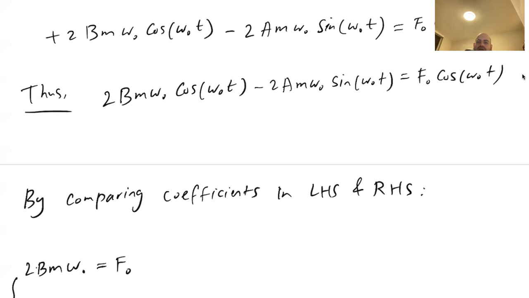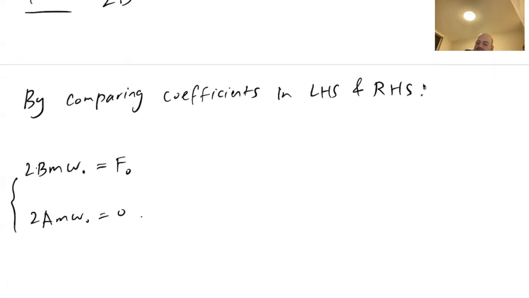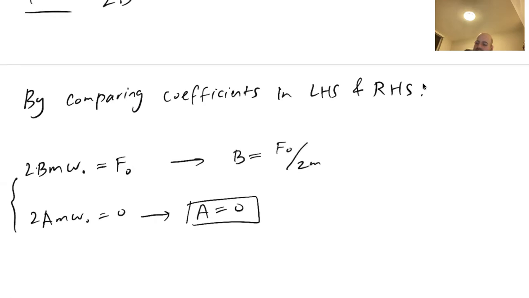See, there is no sine omega naught t term in the right-hand side, so this coefficient must be 0. And this coefficient here must be the same as f naught. So this equation immediately implies that a has to be 0, and this equation implies that b has to be f0 divided by 2m omega naught.